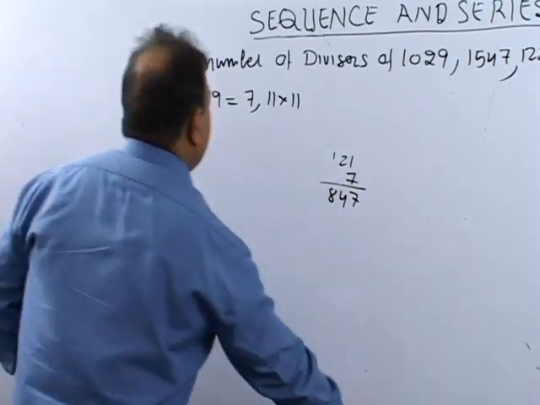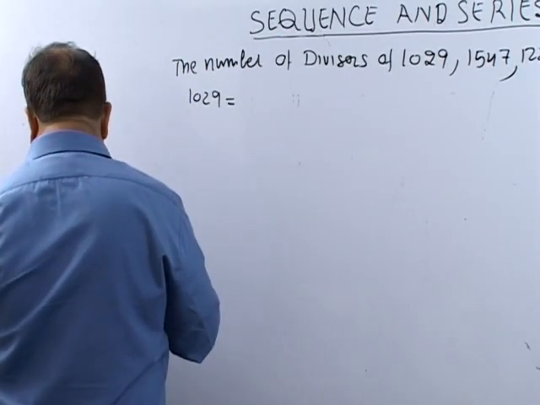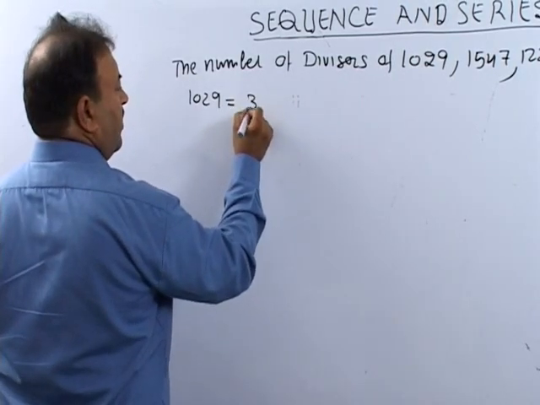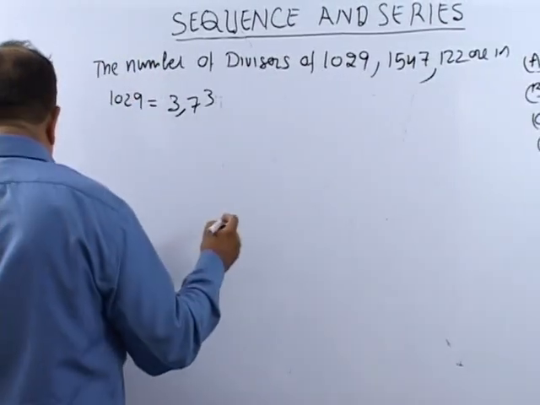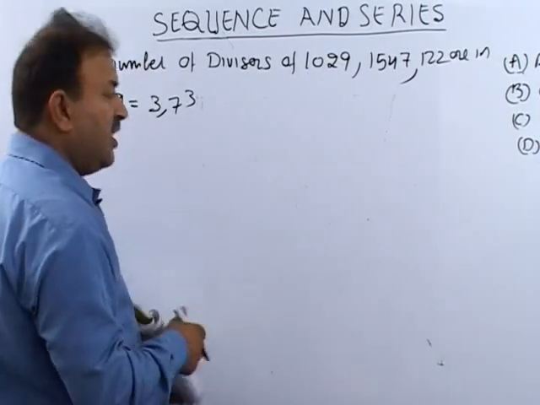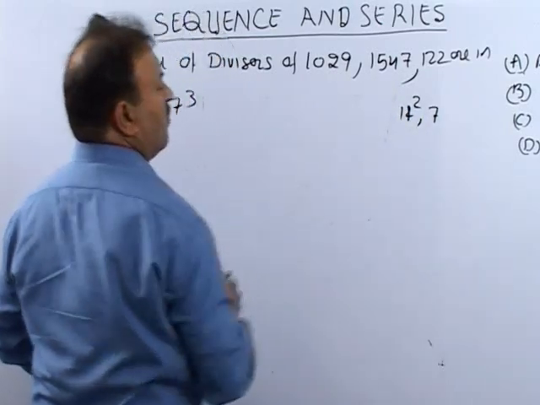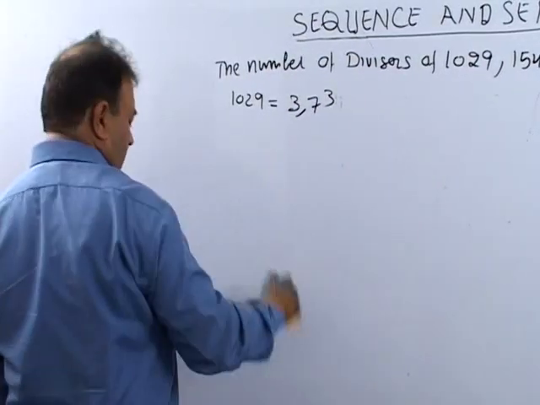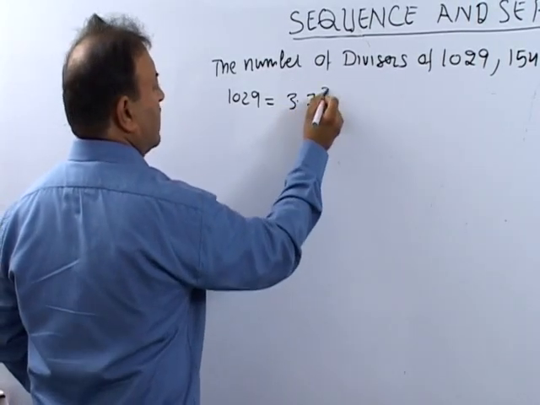Again I just check it out; we try to make the factors of 1029. Sorry, I had written the factors of 1547 by mistake: 11 squared into 7. Those are the factors of 1547. So what are the factors of 1029? One factor will be 3 into 7 cube.